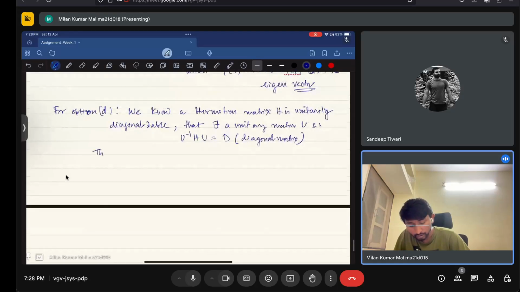This U need not be orthogonal unless we are in a real vector space, in the real field situation.